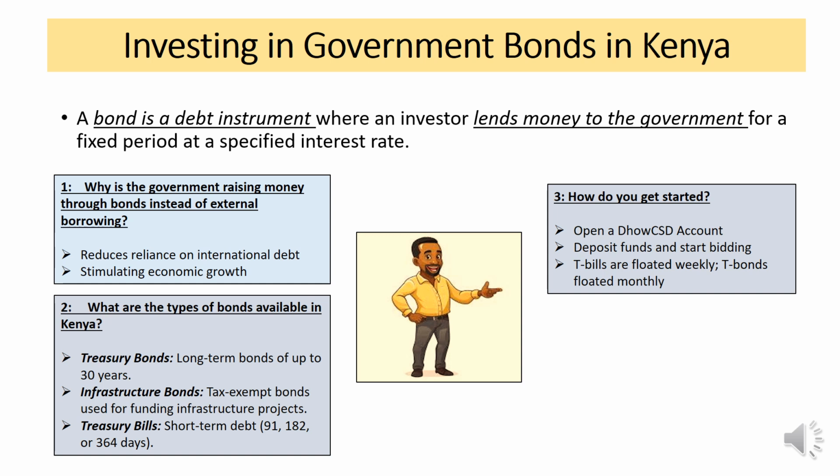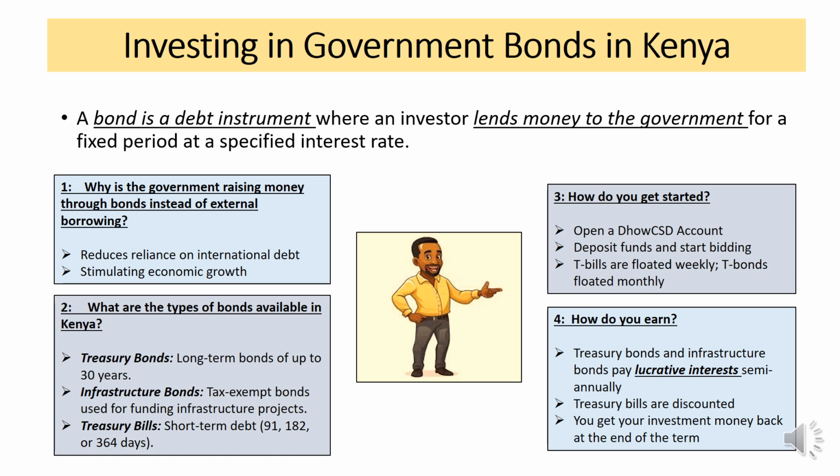So you monitor and keep track of the T bonds floated monthly and the T bills floated weekly, and then you make a bid. The key word here is that you make a bid. Bonds are not given. You have to bid for the bond, and then the CBK will allocate according to their own guidelines.